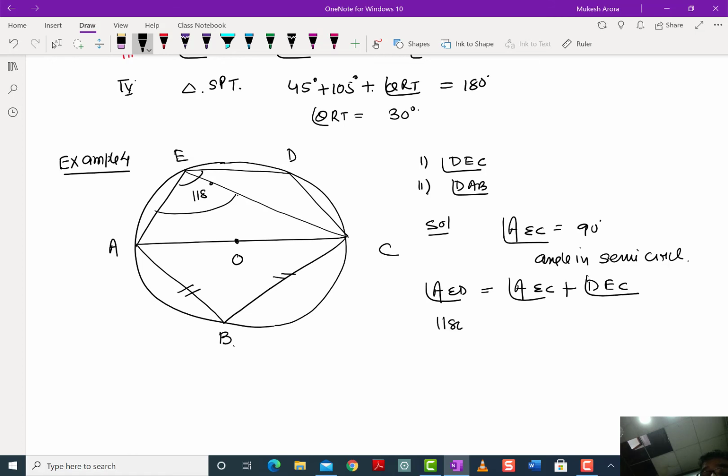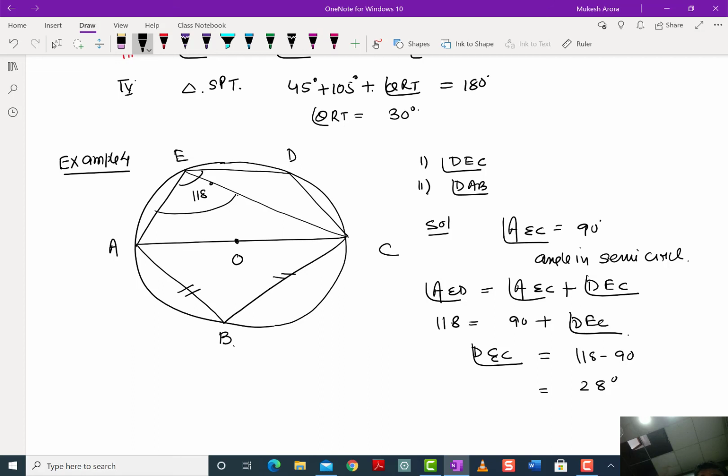So 118 is equal to 90 plus DEC. So DEC is equal to 118 minus 90 is equal to 28 degree.